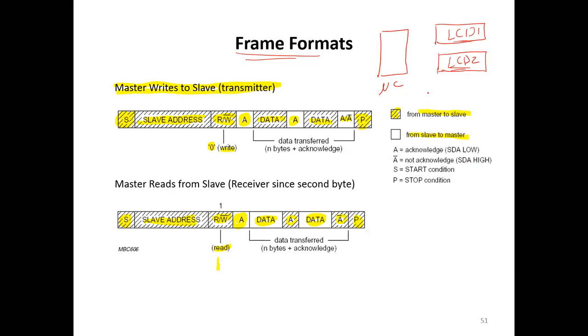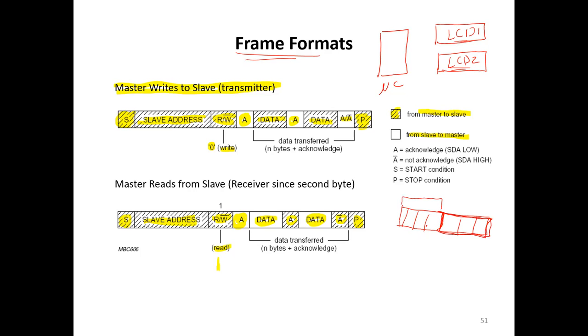Do you have any idea? Okay, so the idea is very simple. We have 7 bits for the address. 3 of these bits can be modified by the user, and these 4 bits are stable, unchanged.